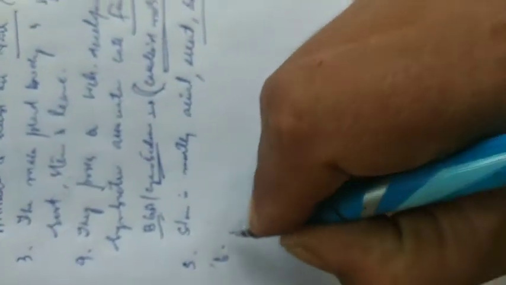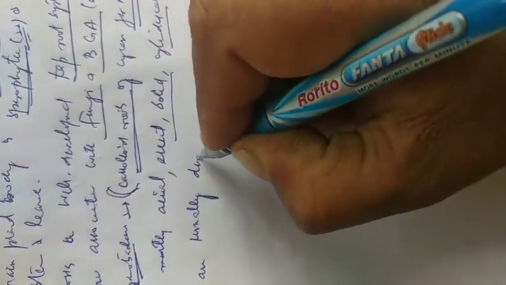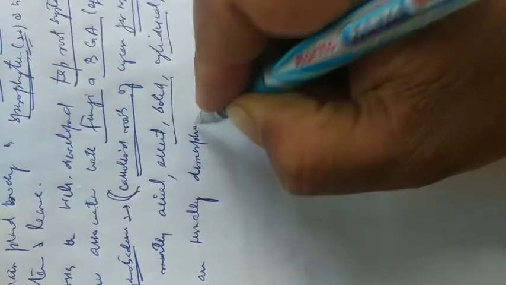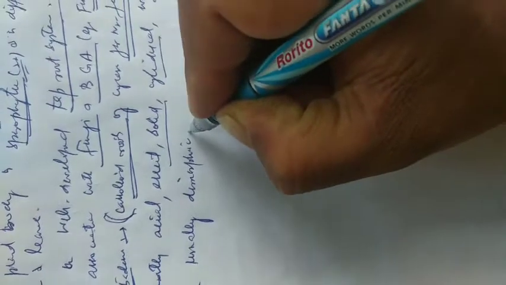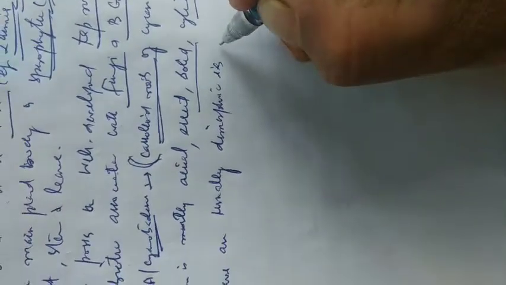Number 6th, leaves. Leaves are usually dimorphic, that is of two types in gymnosperms.